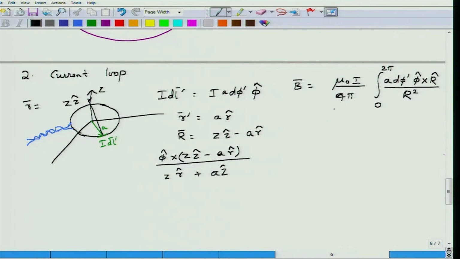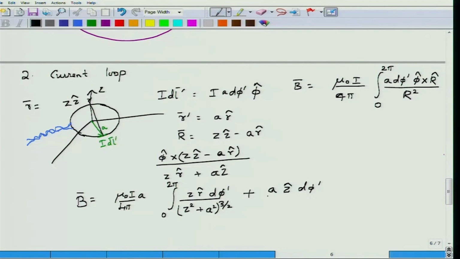You can substitute that into the expression for the B field. So, B will become mu 0 I by 4 pi, a also is a constant, you can take this a out and then you are left with the integral of z r hat divided by z square plus a square to the power 3 by 2 with respect to d phi prime, plus a z hat integrated with respect to d phi prime divided by z square plus a square to the power 3 by 2.